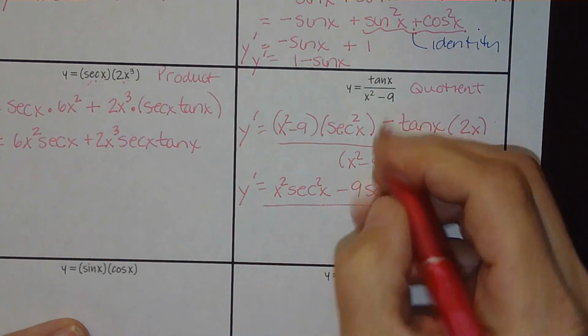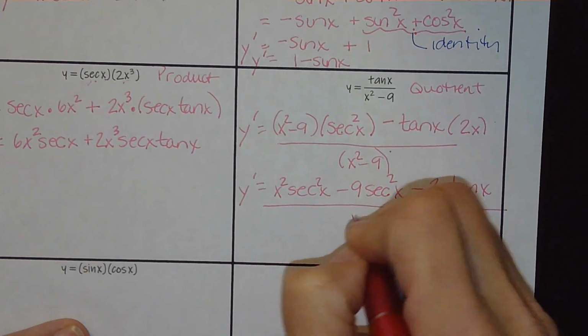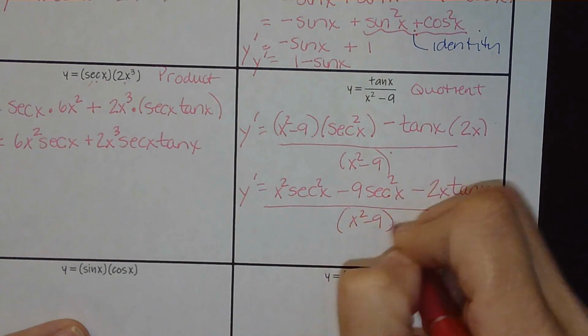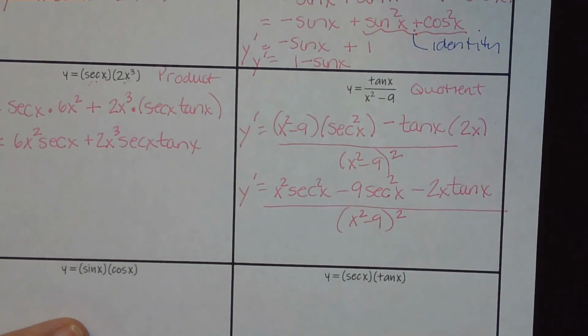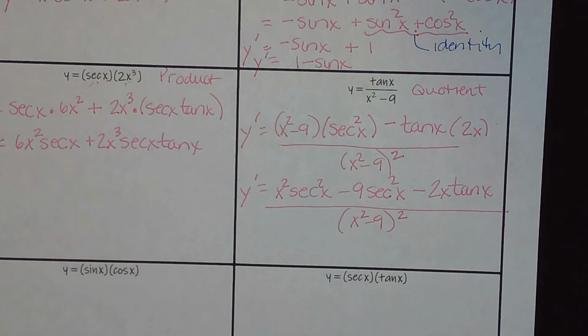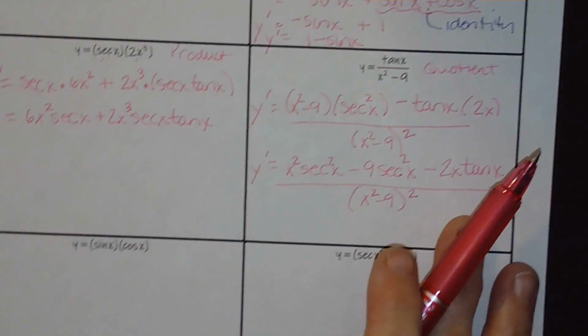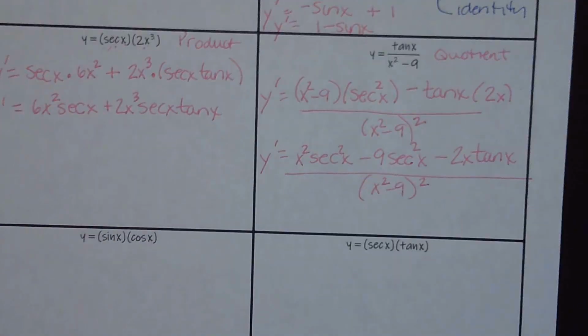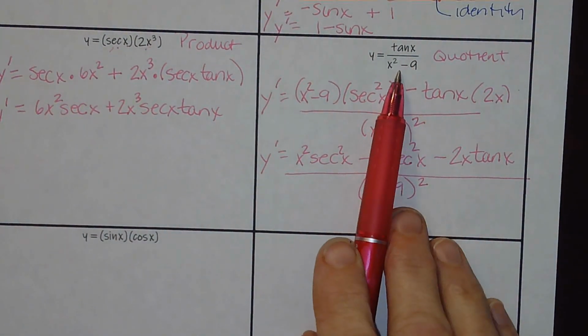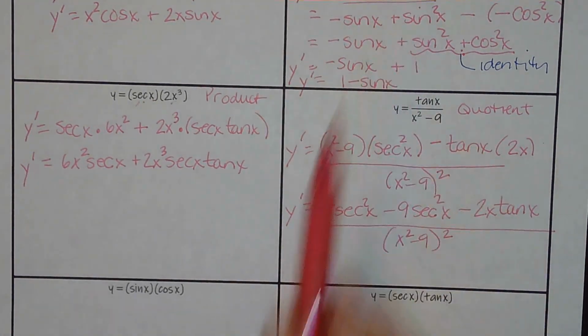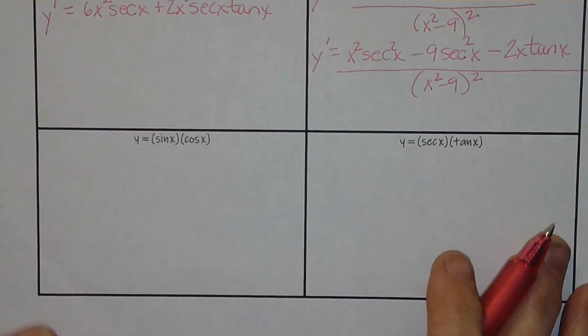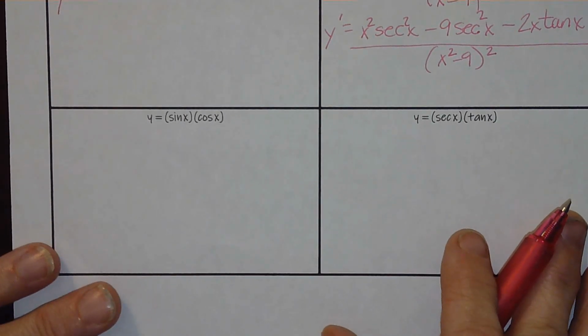And all of that is divided by, and I forgot to put this up there, x squared minus 9 squared, low squared. It's just a matter of using your formulas to find the derivative, and with these involving the trig functions, you have to just remember what the derivatives of the trig functions are.